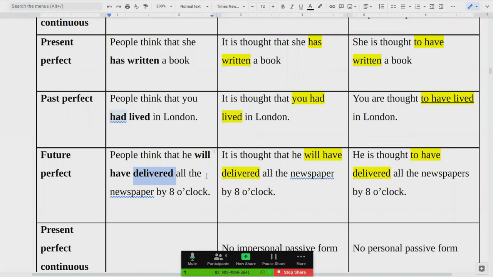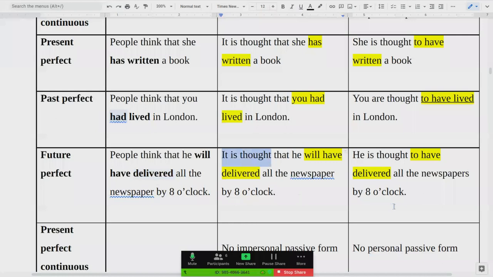За өгүүлбэр: he will have delivered. Хоёр туслах үйл үг will have. За impersonal passive болгохдоо people-ыг эзгүй болгоно. It is thought that he will have delivered all the newspapers by 8 o'clock. Тэгэхээр цаг өөрчлөгдөхгүй учраас it is thought-аар people think-ийг л хувиргаж байгаа.